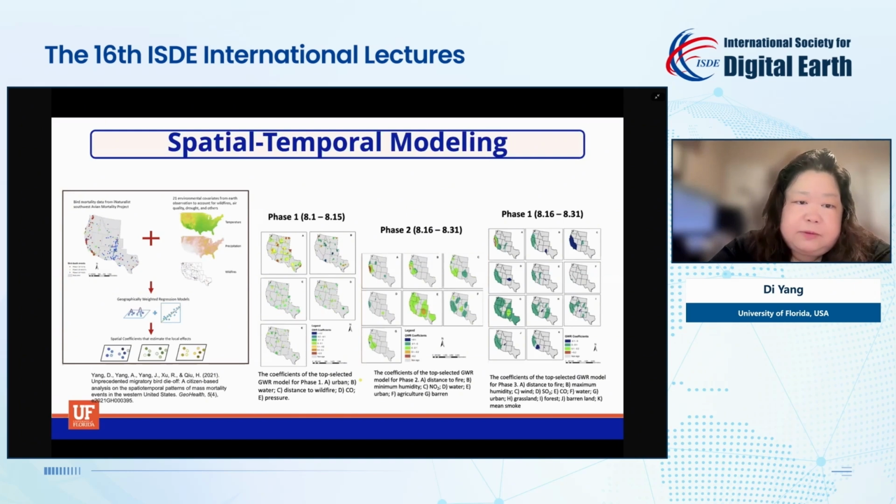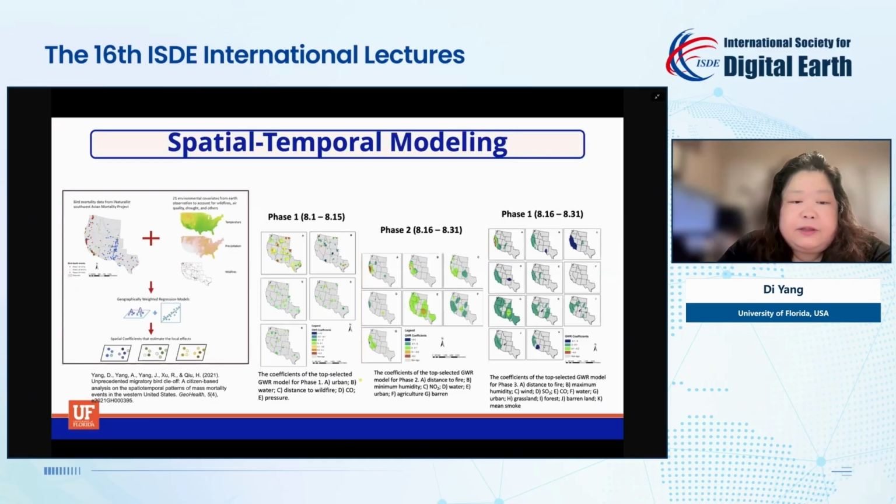We collect 21 environmental covariates from the Earth observations, for example wildfire occurrence, air quality, droughts, and many other variables. And by different phases, the major events are snowstorms and wildfires, and nothing.